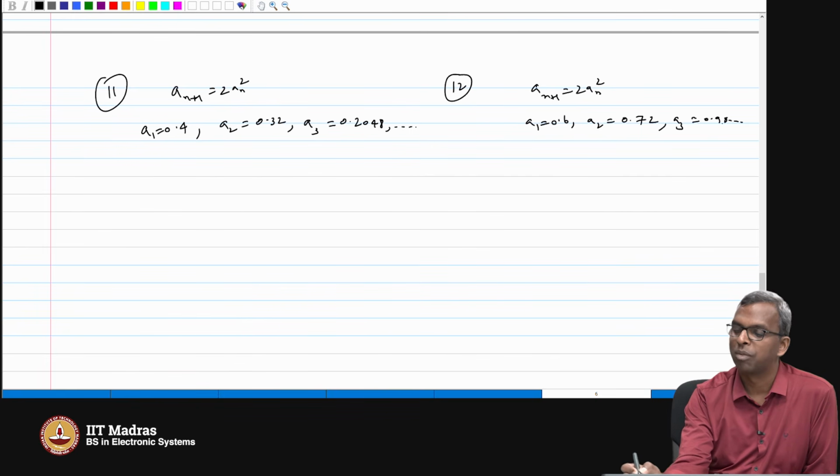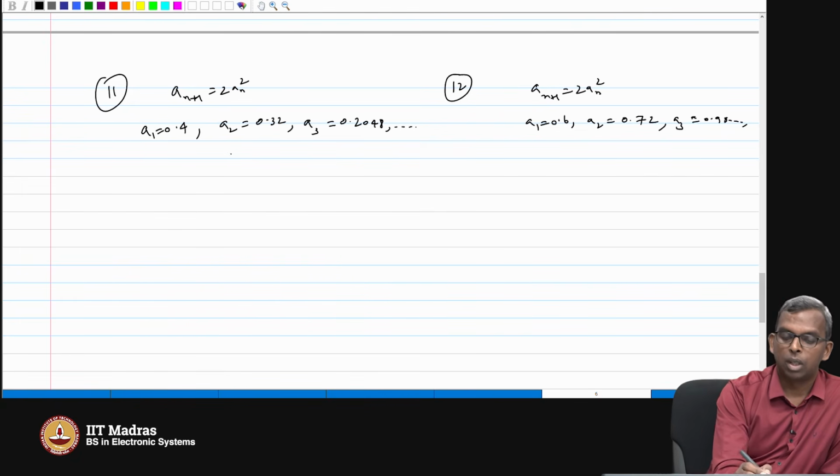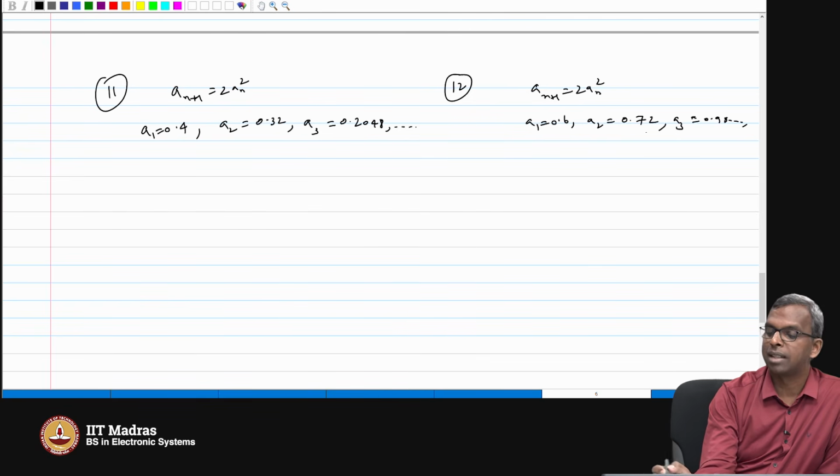Okay, so check it out. I'm just doing a rough calculation here. It seems to be increasing. So, in this case, when you started with 0.4, it was decreasing. When you started with 0.6, it was increasing. And that's one of the properties of the recursion.